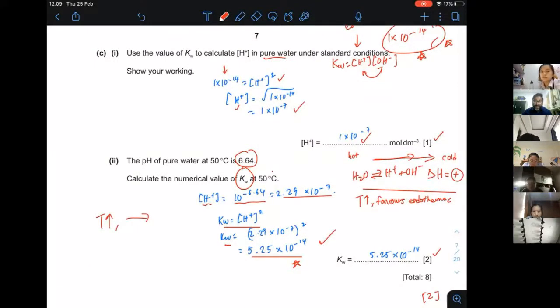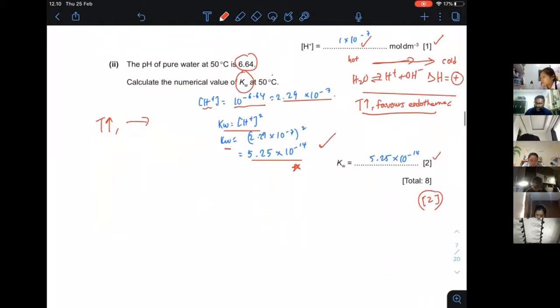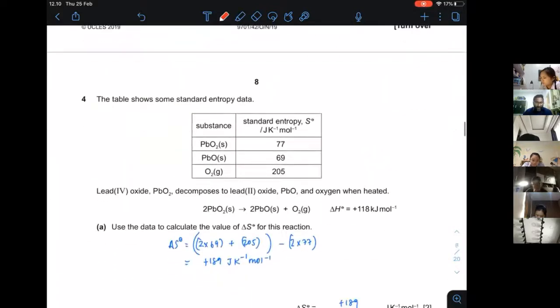Based on what I said just now, you just tell it's going to be endothermic, and then why: temperature increase favors endothermic, your Kw increasing. Once you relate that, even 3 marks can still go, and it's still a level 3 question. So you can also refer to that. But anyway, let's move on.